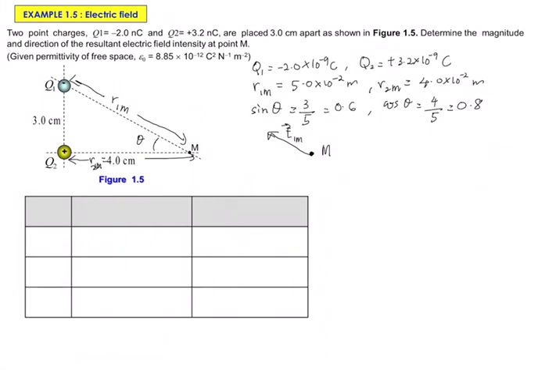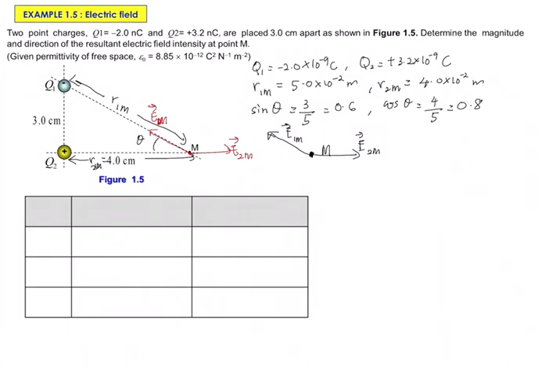How about E2M? Because the charge Q2 is positive, E2M is to the right. Then you have your direction there. Here you label E1M, and here you label E2M.